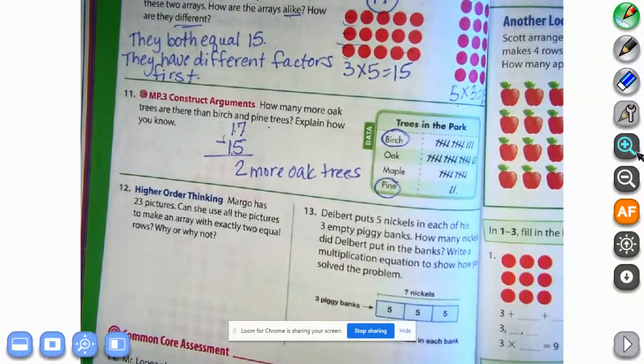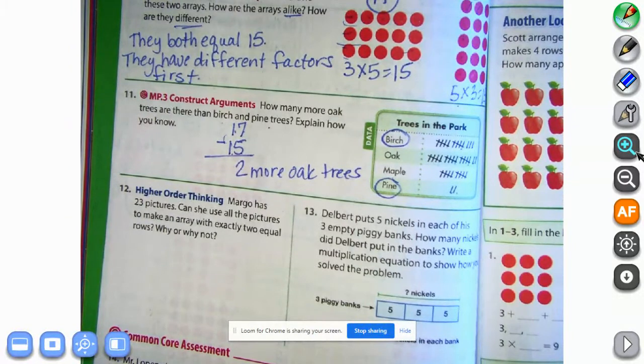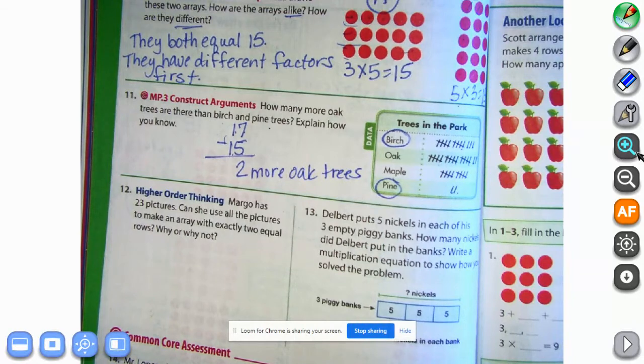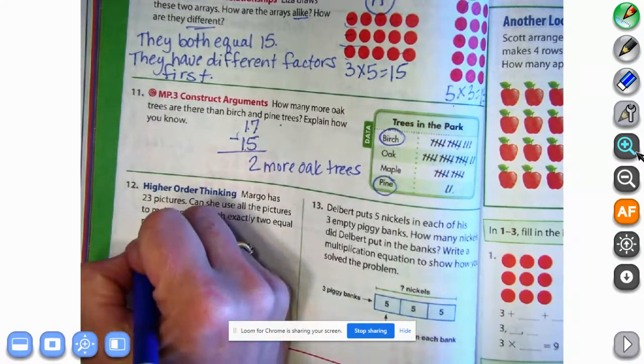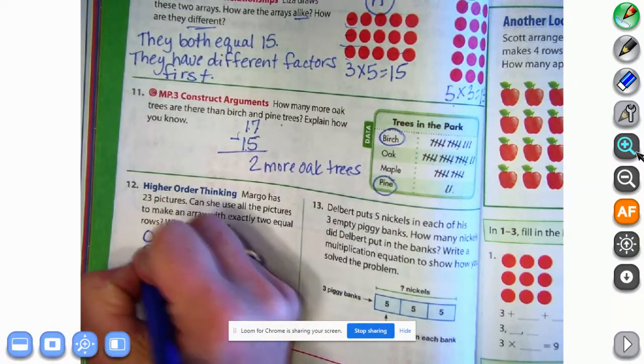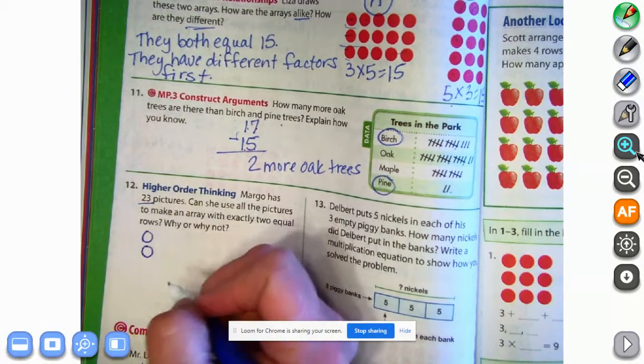Number 12 says, Margot has 23 pictures. Can she put all the pictures to make an array with exactly 2 equal rows? Why or why not? So 2 rows, that's all we can have. So there's row 1, there's row 2. We're trying to get to 23, so let's keep counting.